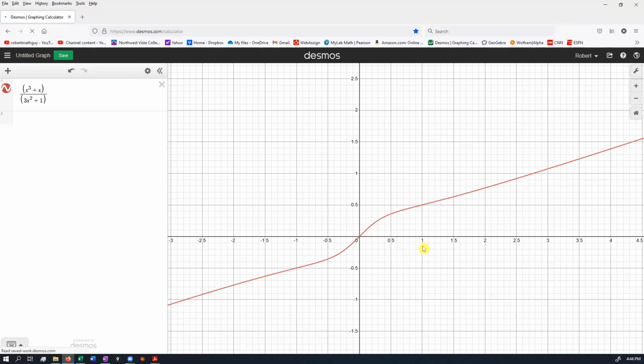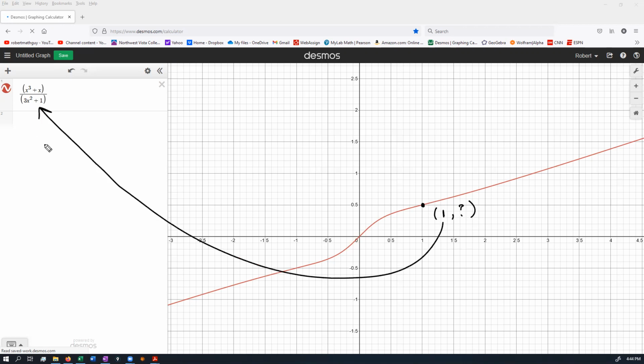So you plug 1 into the function to figure out this point right here. The x coordinate is 1, but the y coordinate lives on this graph, so you plug 1 into the function and that gives you the point on the line. Then you need the actual slope, which you get by plugging 1 into the derivative, and that gives you a number, which is your slope.